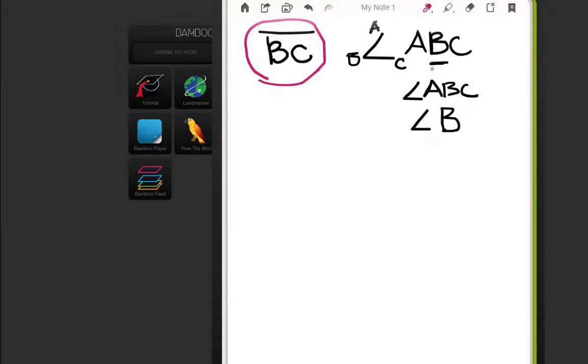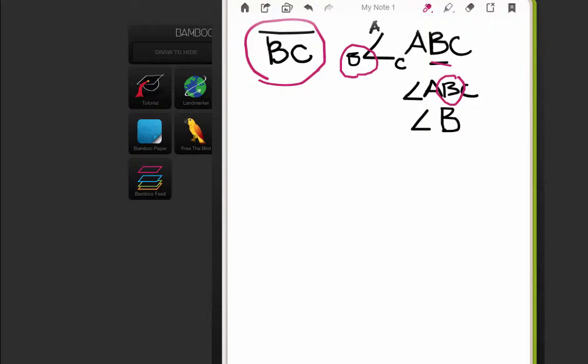We can tell someone the name of an angle by writing the angle sign with the three letters, again with the vertex in the center, or we can just use the vertex, angle B, so that they know that this is the vertex of the angle that we're talking about. All right, let's get going here.